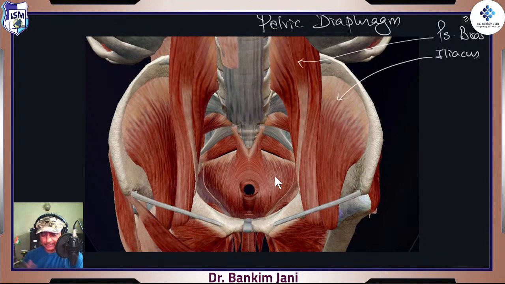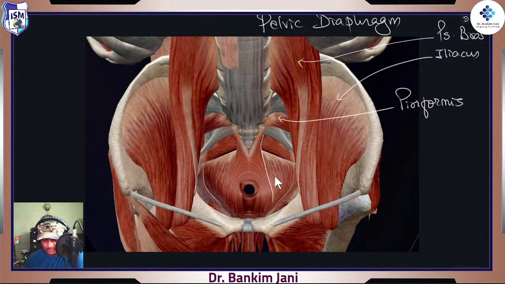Sure, that is done. Yes, this muscle, you know it so well. This is piriformis, correct? The muscle which we are interested in is this. Same way, say it is going like this. So 1, 2, and 3.